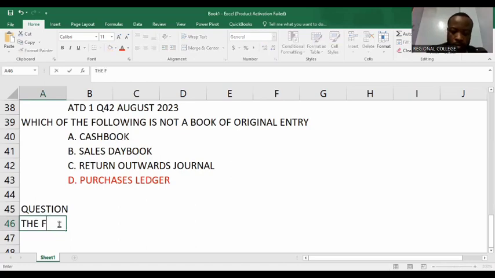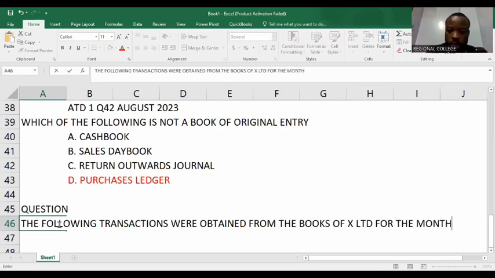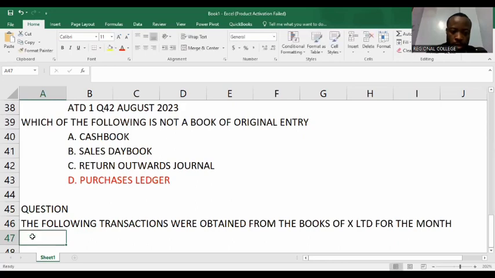The following transactions were obtained from the books of X Limited for the month of January 2023.